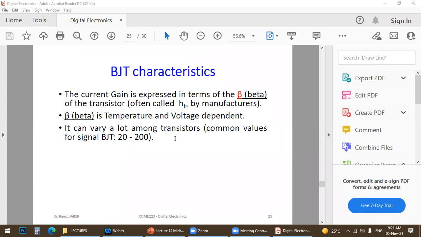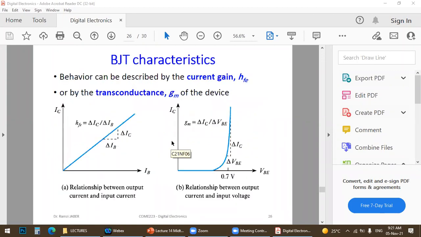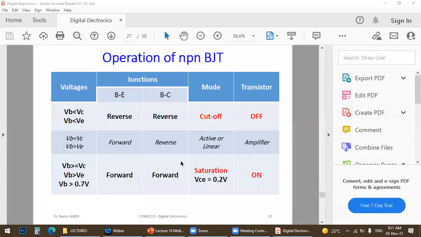So in linear mode, IC equals beta IB, okay? This is the graph. Now the operation of the BJT: for low voltage, the transistor is cut off, so the transistor is off.